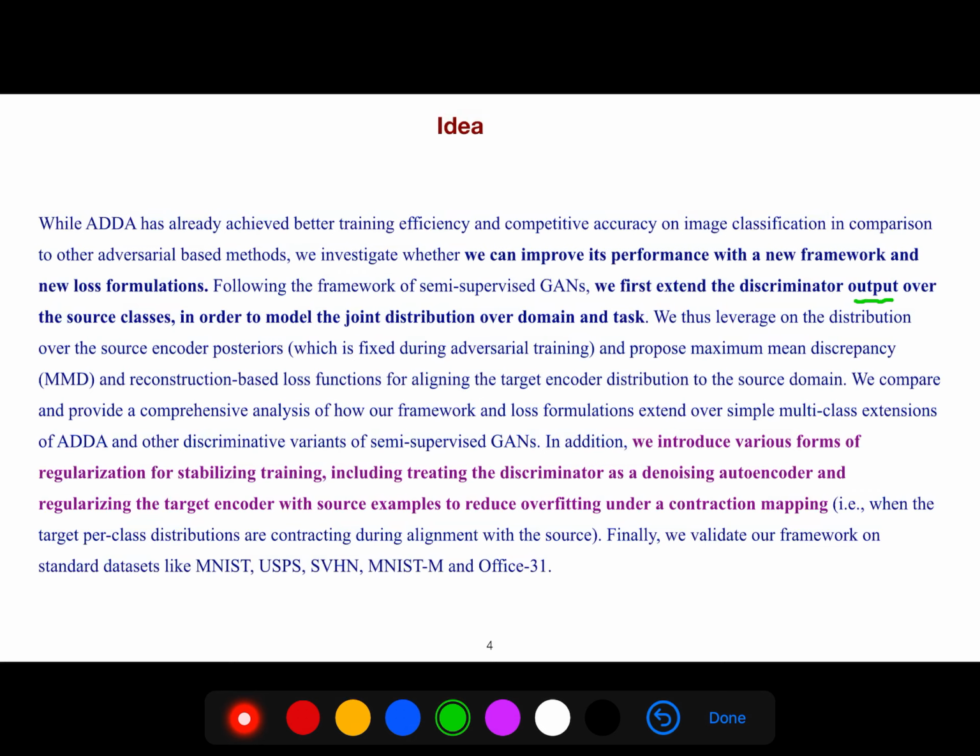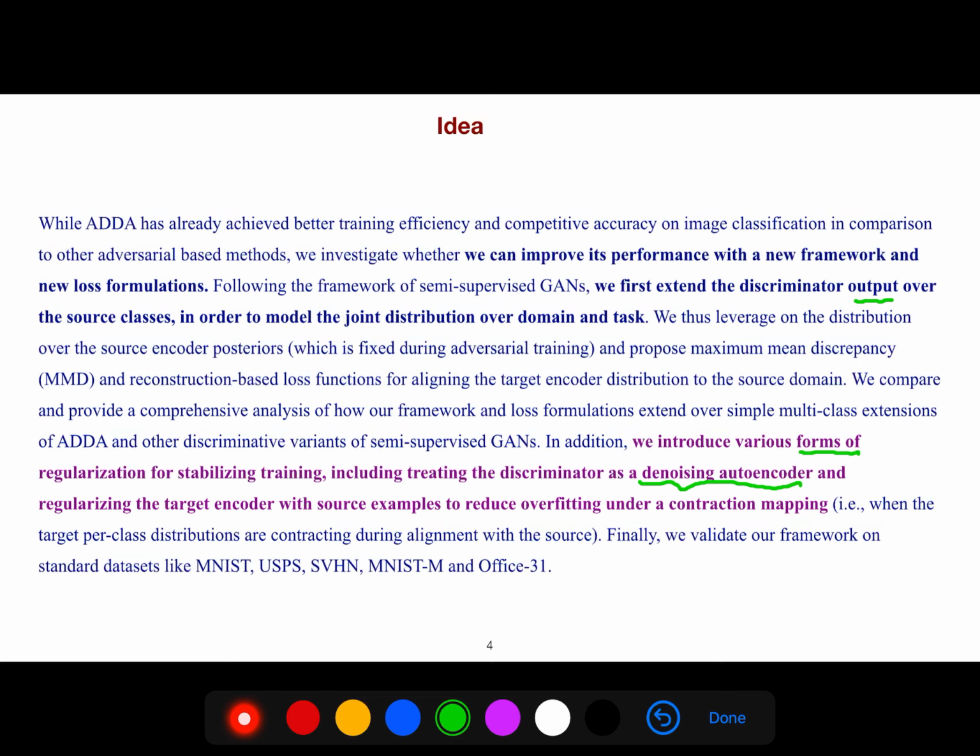We introduce various forms of regularization for stabilizing training, including treating the discriminator as a denoising autoencoder and regularizing a target encoder with source examples to reduce overfitting under a contraction mapping.